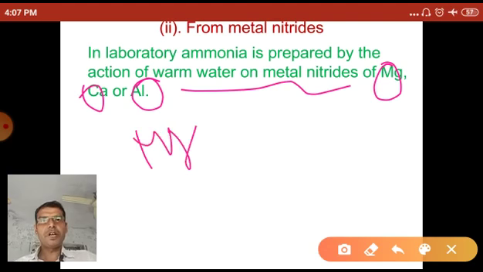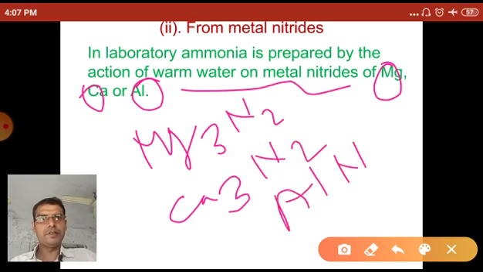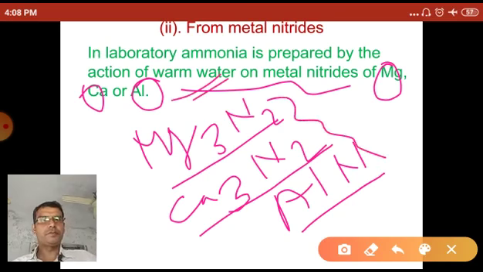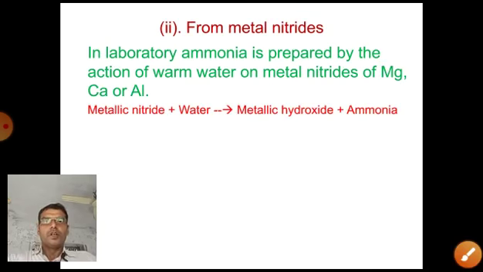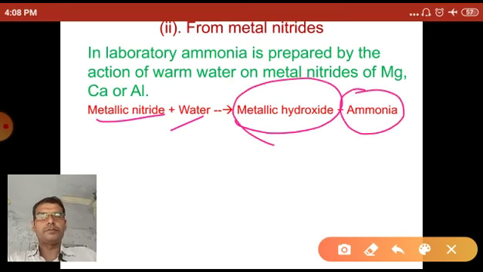So magnesium nitride Mg3N2, calcium nitride Ca3N2 and aluminum nitride AlN. From these nitrides we can prepare ammonia by the action of warm water. So metallic nitrides, when they react with water, form metallic hydroxides and ammonia.